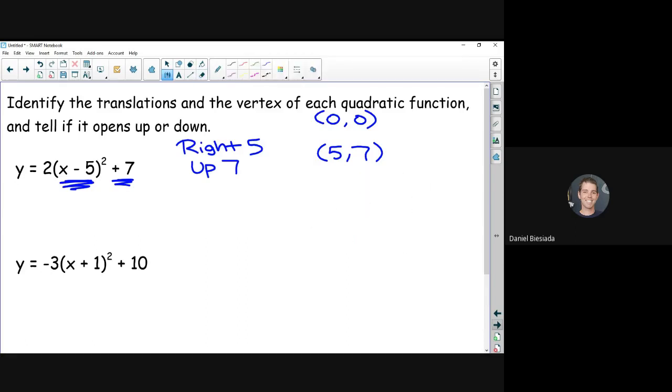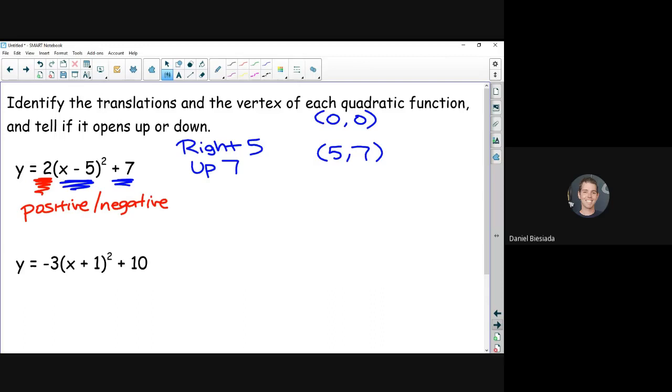We're also being asked to tell if this graph opens up or down. The way we tell that is by looking at the number out in the front. All we need to look at there is if that is positive or negative, because one of the things we learned last unit is that a negative number out front is going to flip this graph upside down.